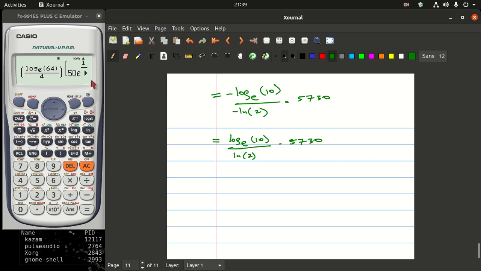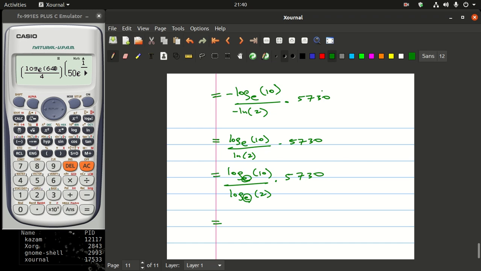This you can punch into a calculator, but I want to play along with these logs here. If you want to play along, this is log e of 10, and this is the same as log e of 2. ln and log e are one and the same thing, so you're going to end up with 5730. And then I have this same base here.